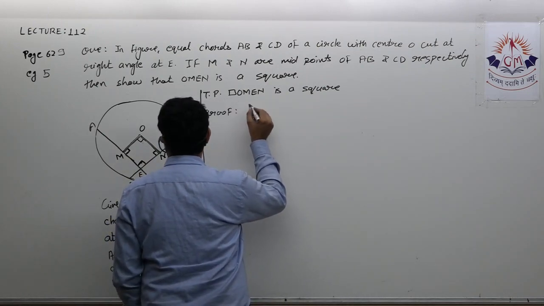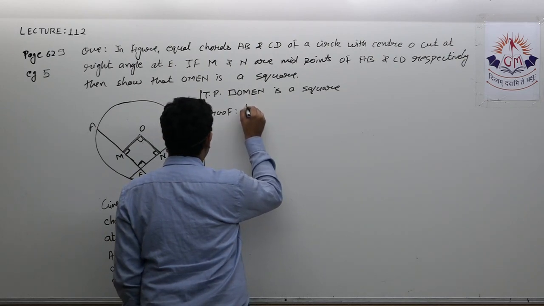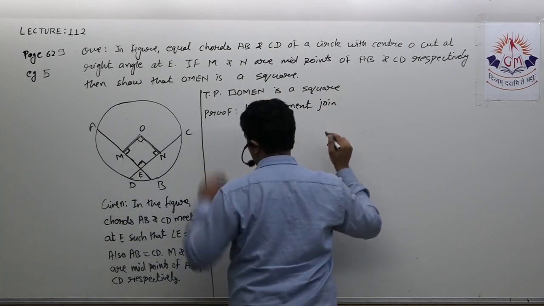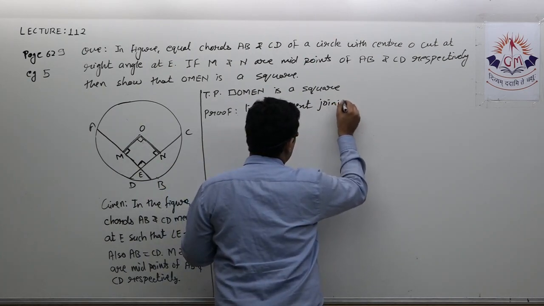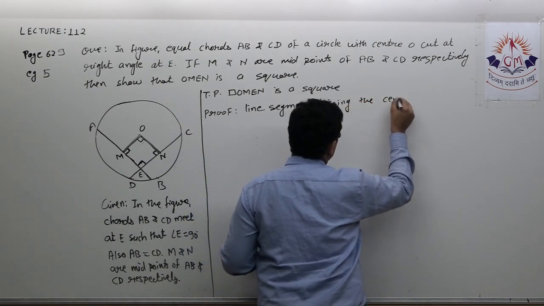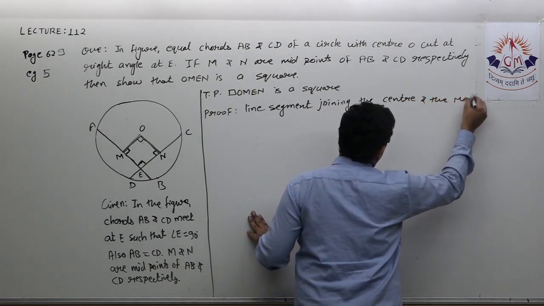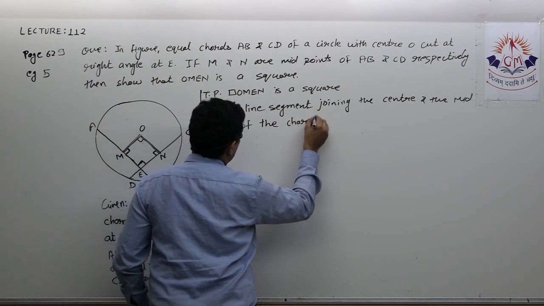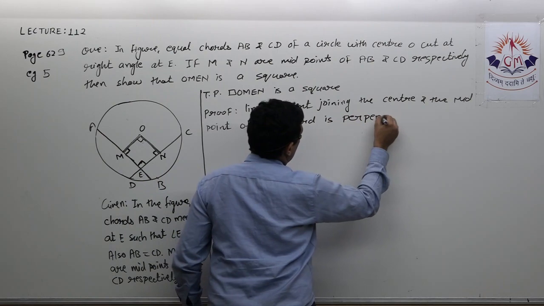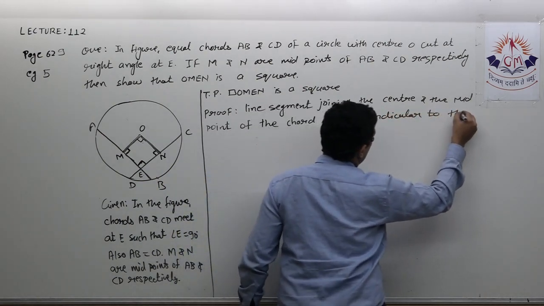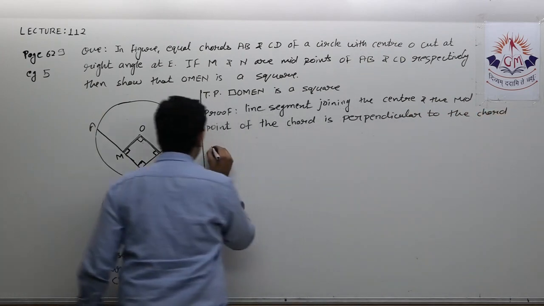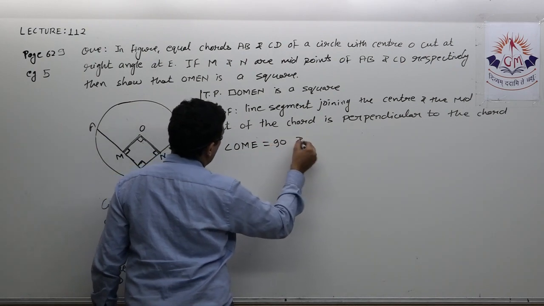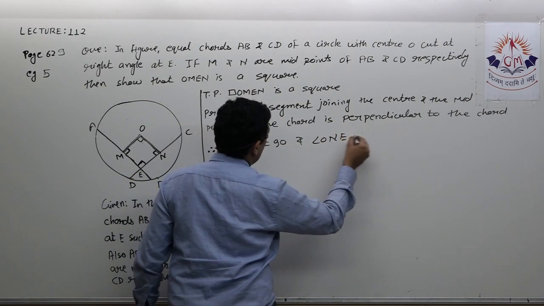A line segment joining the center and the midpoint of the chord is perpendicular to the chord, and this statement gives me, therefore, angle OME is equal to 90 degree and angle ONE is equal to 90 degree.